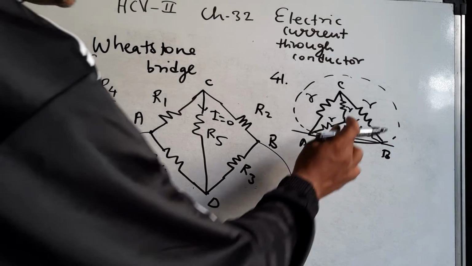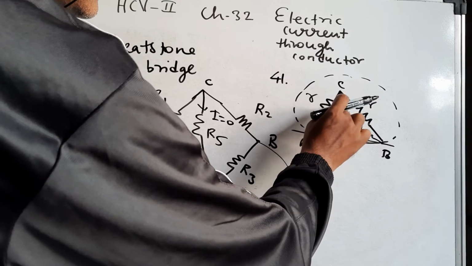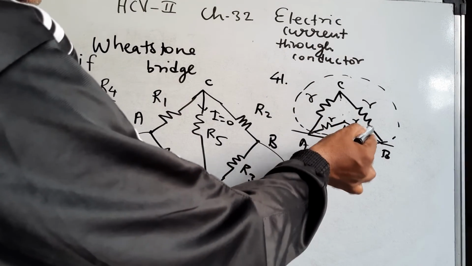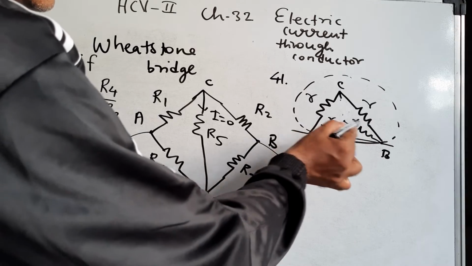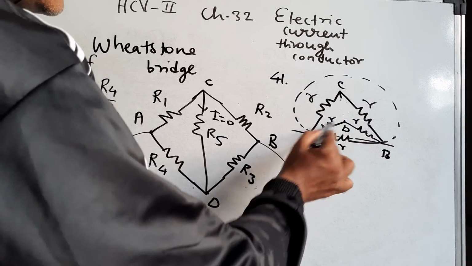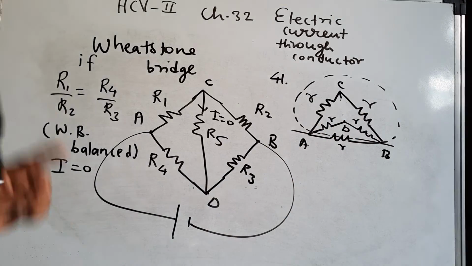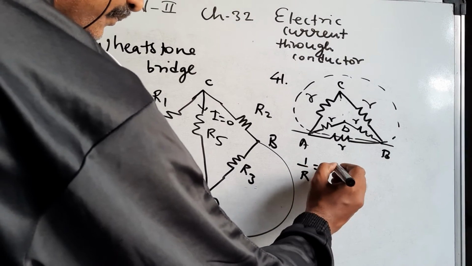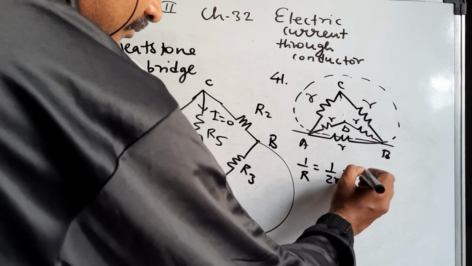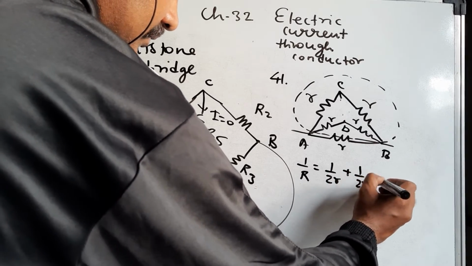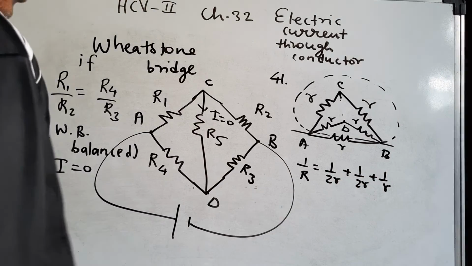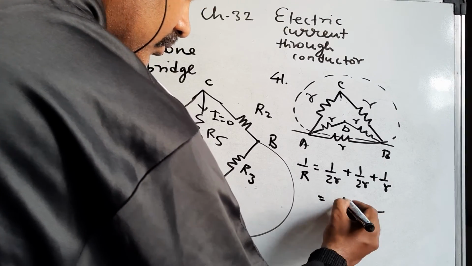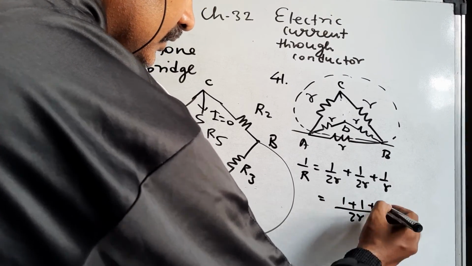So what do you expect? If I remove this one, it simply becomes 2R because they are in series now. This is also 2R, 2R, and this R, they are in parallel. So for the equivalent resistance, 1 by R will be equal to 1 by 2R plus 1 by 2R plus 1 by R. So you can simply calculate it: 2R, 1 plus 1 plus 2.